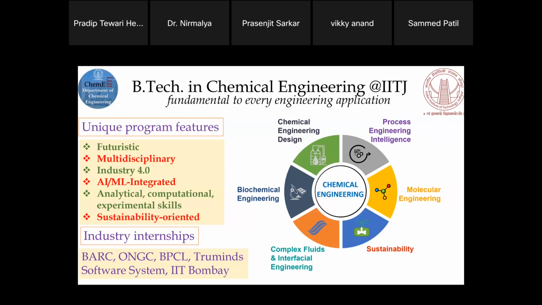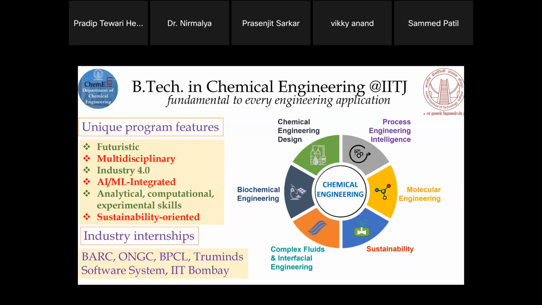We do analytical computation, we develop experimental skills, and at the end of the day, we try to maintain a sustainability oriented program, which allows the students to get a much better understanding of the world and how it helps.